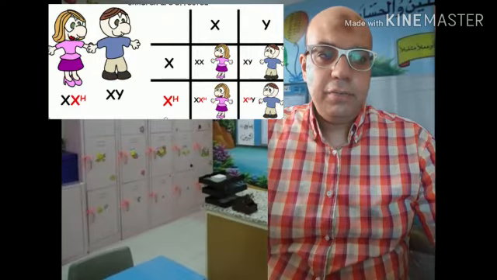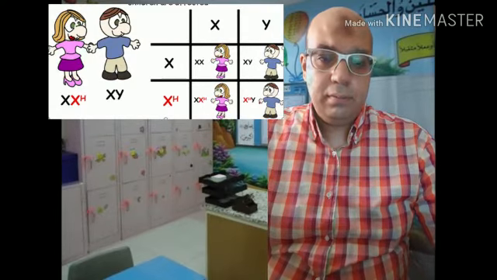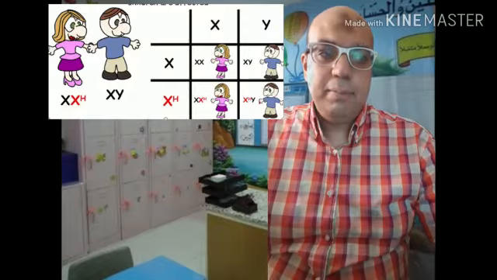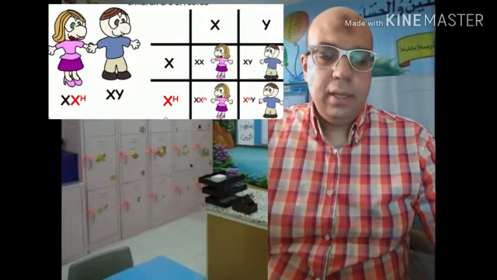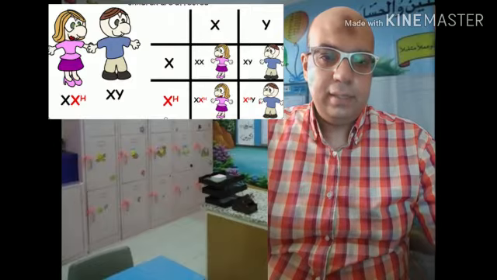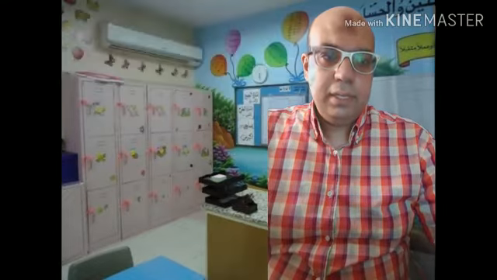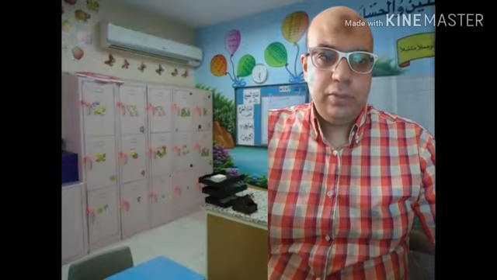The first X from the male is dominant, while in males, you'll find the X that carries the disease. It means male children are affected.